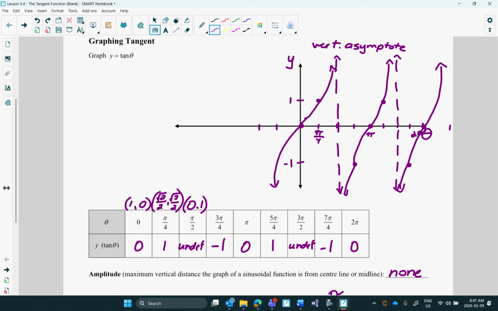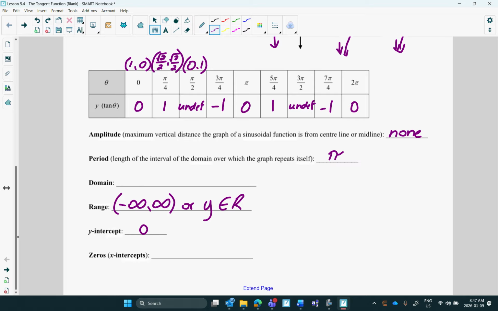We did it last year when we had asymptotes. And what we did is we said, okay, instead of saying what the domain is, we're going to say what it isn't. And we know that it's not pi over 2, right?